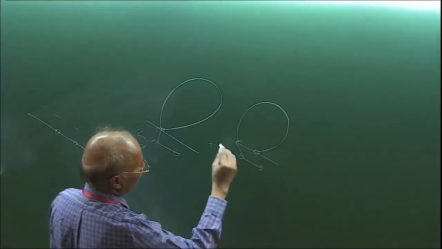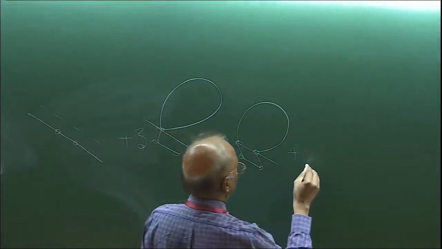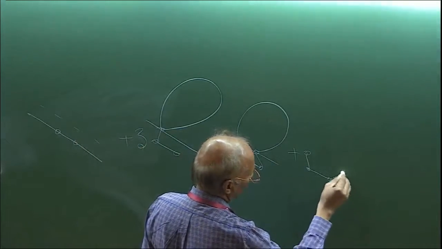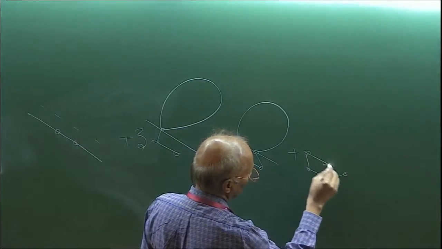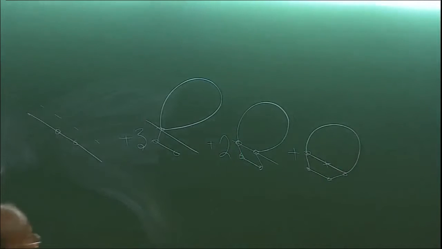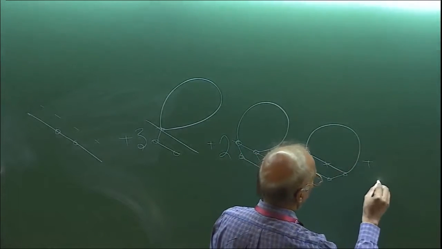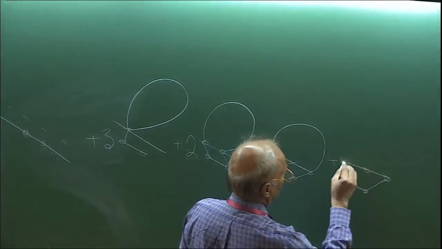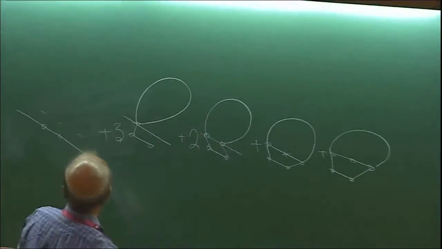But this can be done in 2 ways. Or maybe these 2 external sites are occupied, the middle one is empty, and then you form a cluster with that. Or maybe all 3 are occupied, and you form a cluster with that.